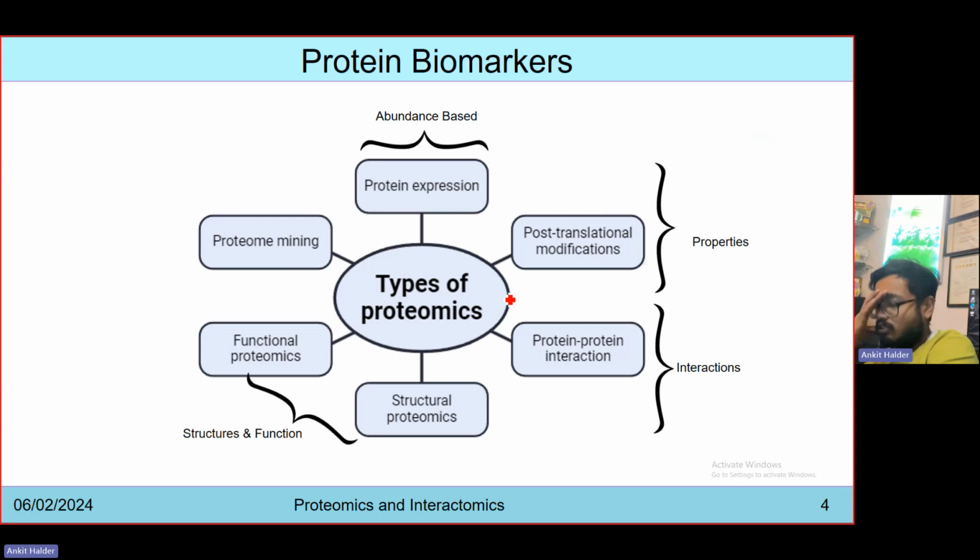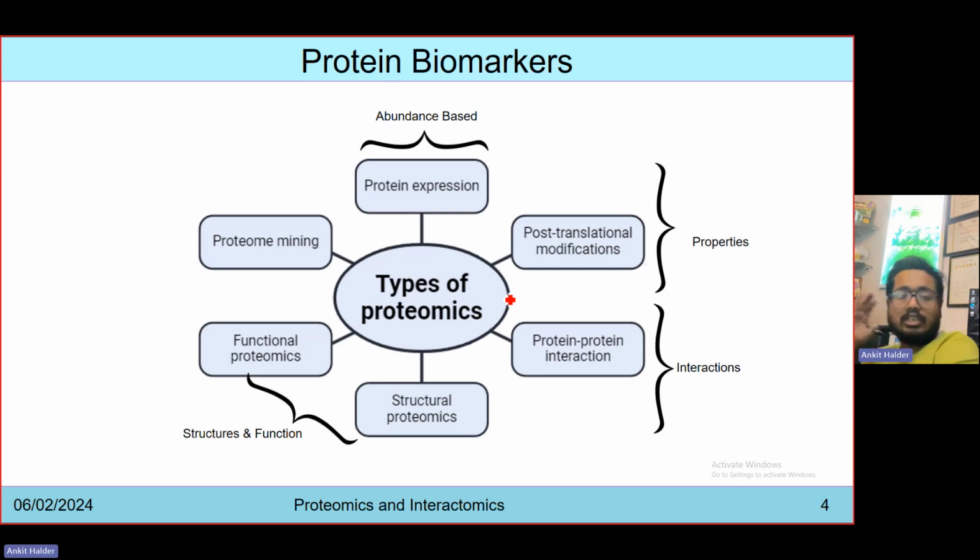For example, if a certain phosphorylation change is associated with a particular disease, then how do we stop that phosphorylation and monitor the phosphorylation levels? Then there is the structure and function of proteins. A protein's normal behavior depends on the structure relationship and functional proteomics. So these are the major things: one we can classify as abundance-based, and another is functional-based, which can be taken forward as a protein biomarker.